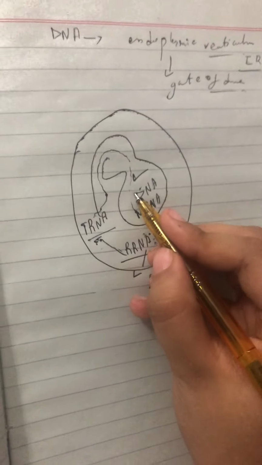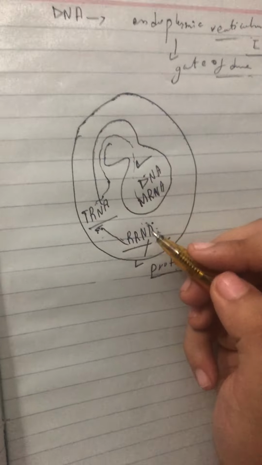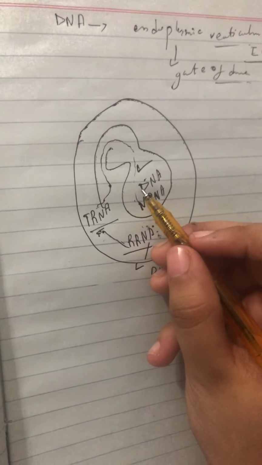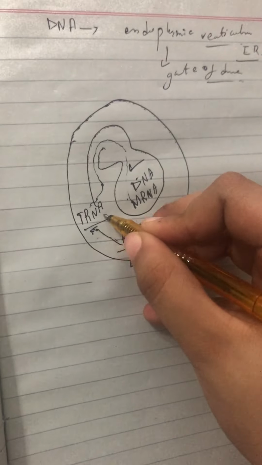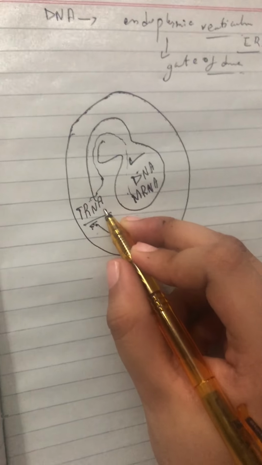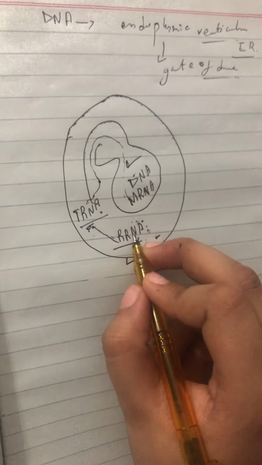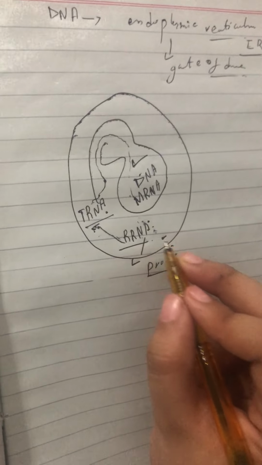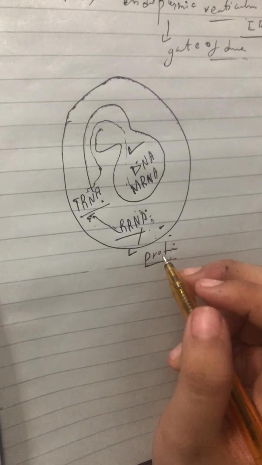Again I am repeating, DNA gives information to the mRNA, then mRNA provides it to the tRNA, and then it will give it to the rRNA. Then rRNA will make that instructed protein given by the DNA.